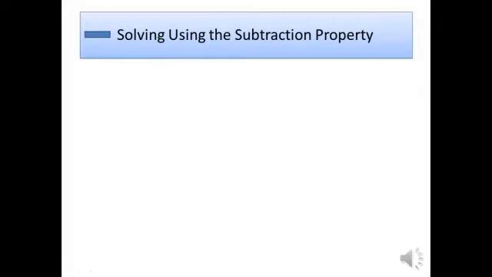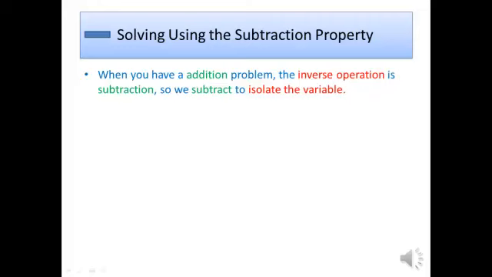Now we are going to look at solving using the subtraction property. When you have an addition problem, the inverse operation is subtraction, so we subtract to isolate the variable. Remember, the inverse operation is always the opposite, and addition and subtraction are opposites of each other. Let's look at some more examples.